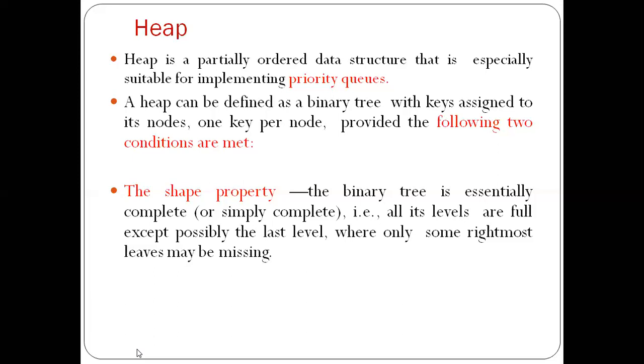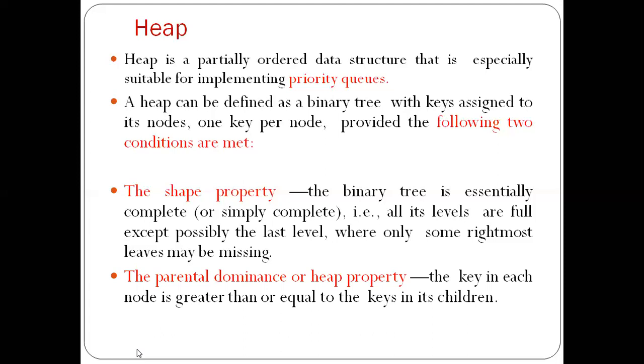The second property is the parental dominance property, which we will also call the heap property. That means if you have a binary tree, every parent node should have a value larger than or equal to its children. The key in the node is greater than or equal to the keys in its children.